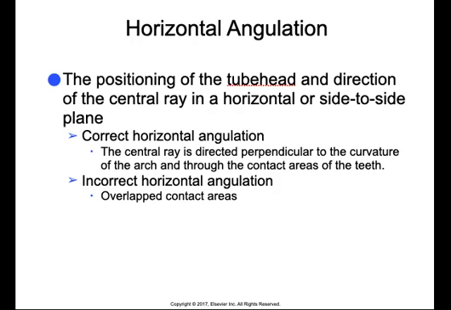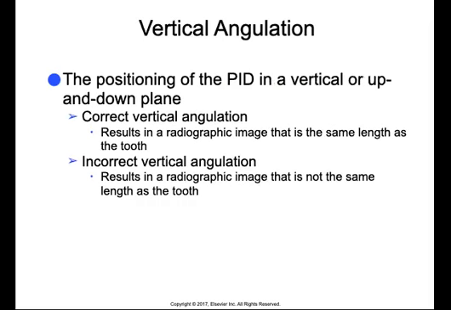On figure 18-9, right below that one, we can see what an incorrect horizontal angulation looks like. In that angulation, we would end up with overlapped contact areas. And retakes would be necessary if there are any overlapped contact areas, as we know.